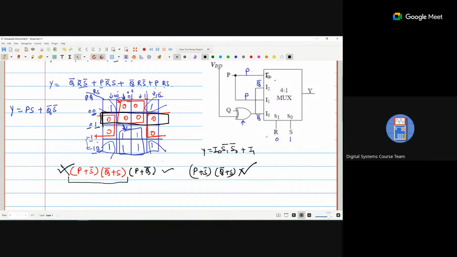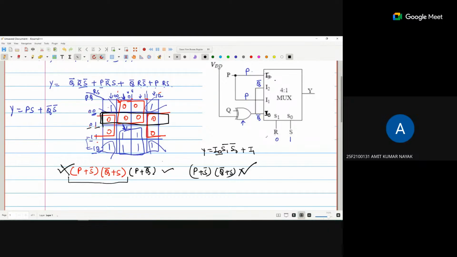In place of I naught here, I just write I naught here. But that doesn't mean that it is I3. This is always I naught. Understood?